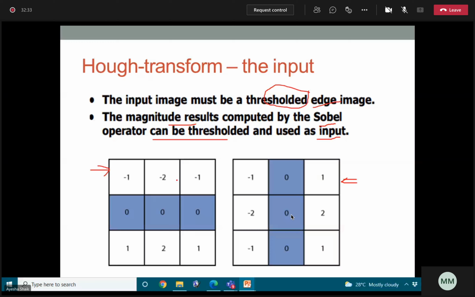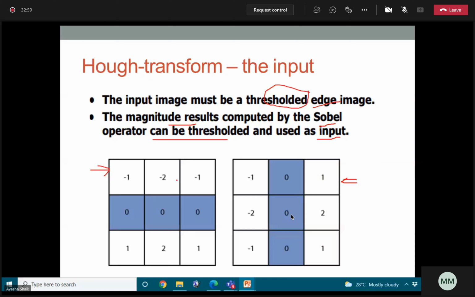That angle we can get by using tan inverse of gy, that is dou f by dou y, over dou f by dou x. So if that vector is available for us, that is gx and gy, then we can calculate the magnitude, and then we can calculate the angle also.